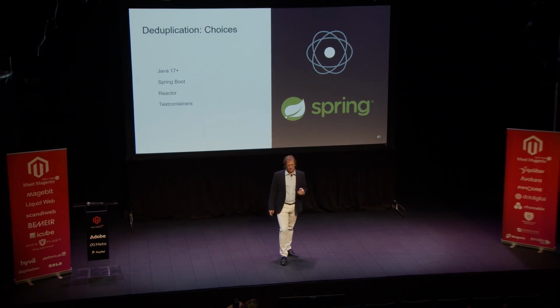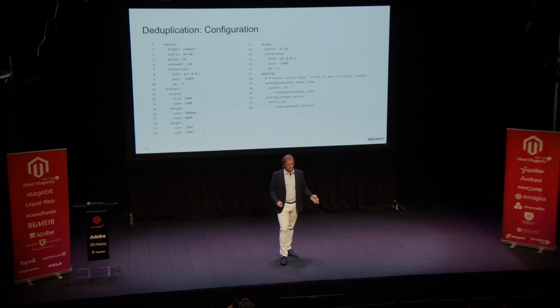So I've built up a tool which consumes those Redis streams, and here's a simple configuration for it. We have the source, we have buffers, we have target, and it's a bit truncated for specific tables which we were deduplicating from. But it's pretty much it. Its purpose is to run deduplication for a time frame and certain size.